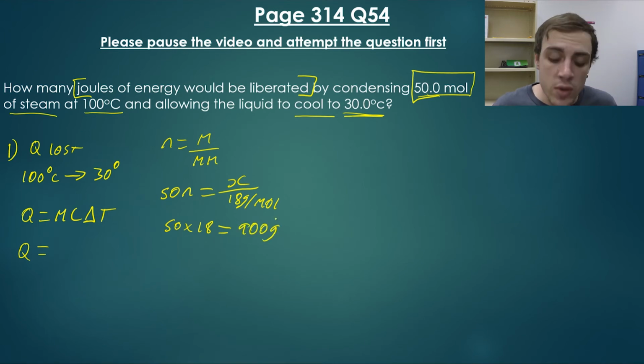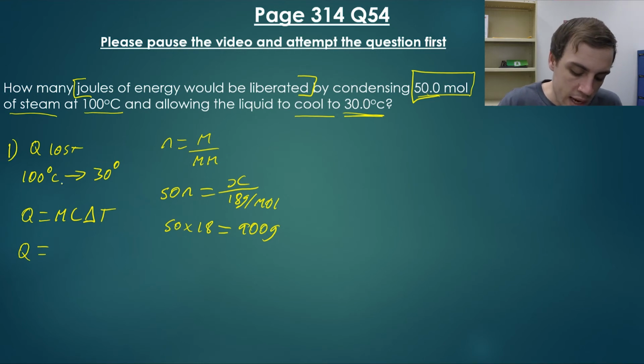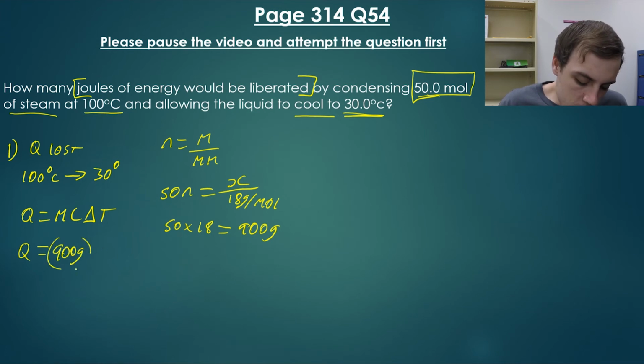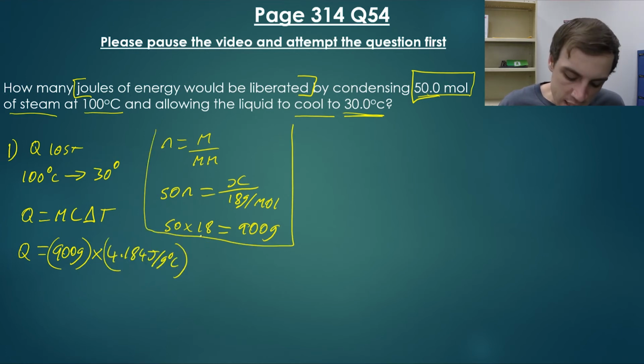Now, this is what I was talking about in my previous video, and that is you need to have an understanding of these formulas, because what at first looked quite disjointed, we could see the connection: moles, mass, molar mass, and that mass is what we needed to use our specific heat formula. So the mass we know is 900 grams multiplied by the specific heat of water, which is 4.184. And we're going to times it by the change in temperature.